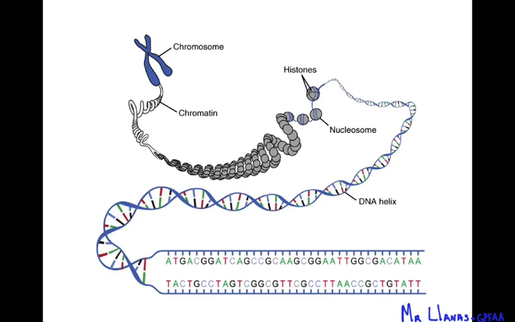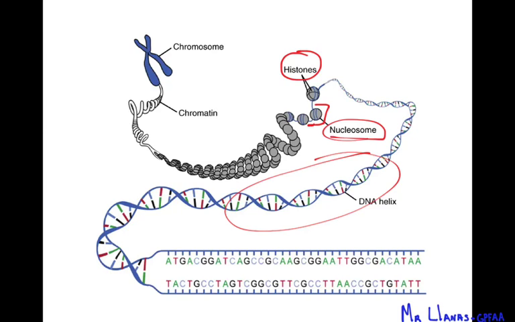Now, the levels of organization, the way DNA is actually crammed into the nucleus, is by folding on itself. The first thing that happens is the DNA molecule, the double helix, wraps around proteins called histones. The structure where the DNA is wrapped around the histones is called a nucleosome.